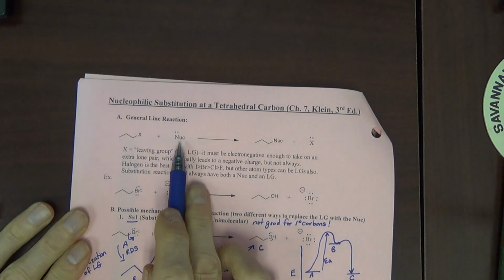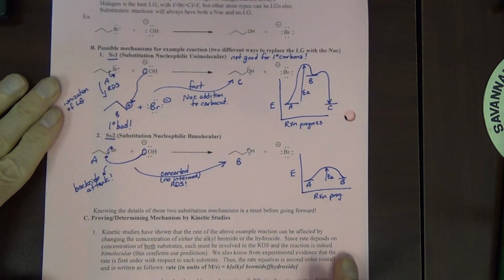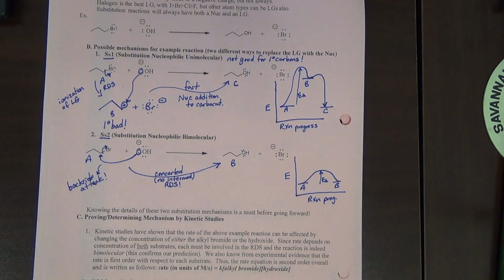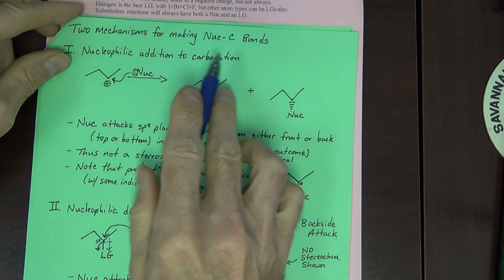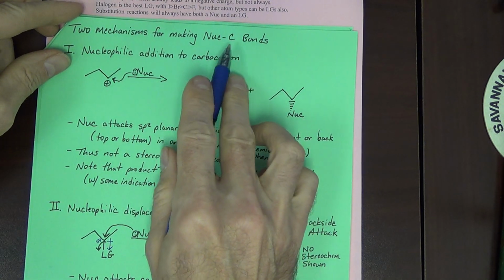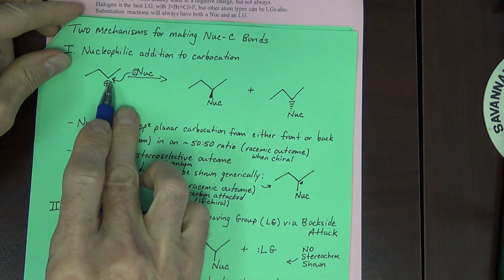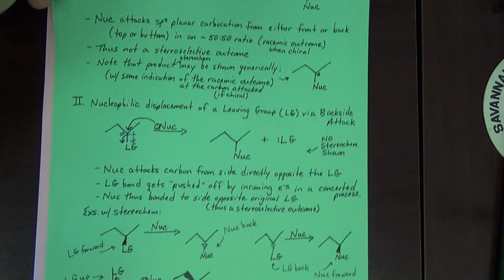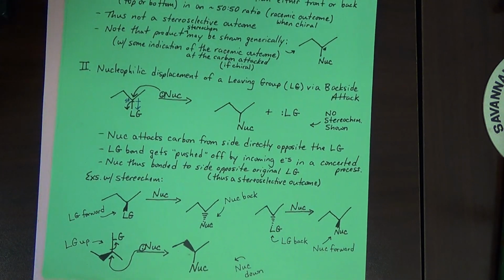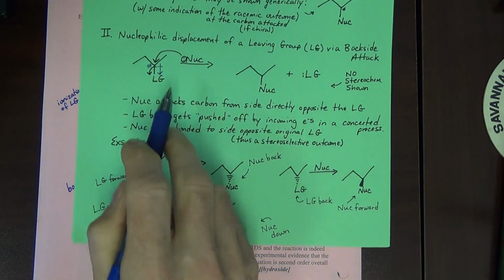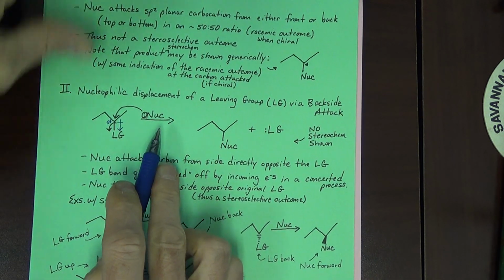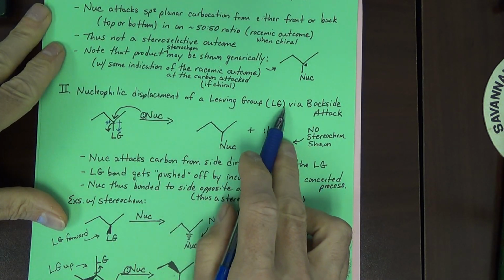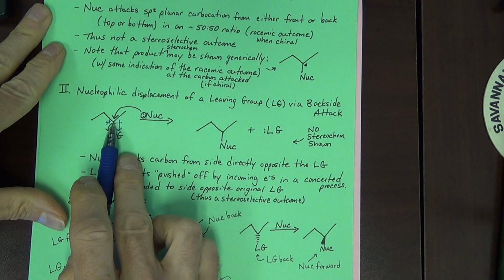We have a nucleophile making a bond to carbon. If you remember, we have two different ways for nucleophiles to make bonds to carbons. Attacking a carbocation. All right, remember this handout? But we can also do nucleophilic displacement of a leaving group via backside attack.